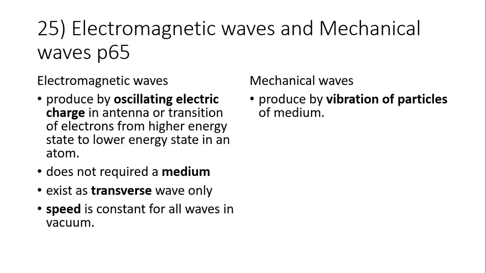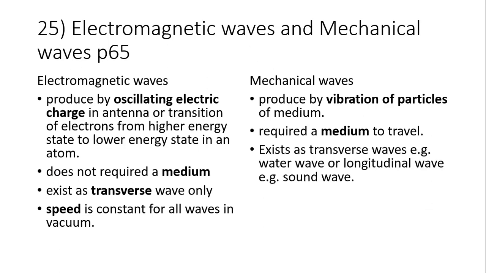Mechanical waves are produced by vibration of particles of the medium. This is oscillating charge for electromagnetic wave, and this is the particle of the medium that's vibrating or oscillating. Requires a medium. No medium, a mechanical wave cannot pass through.